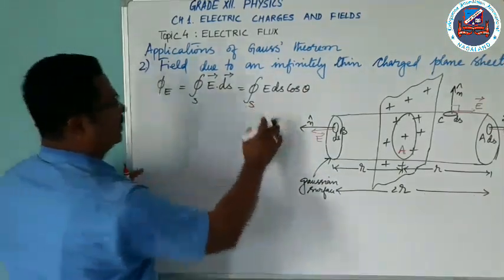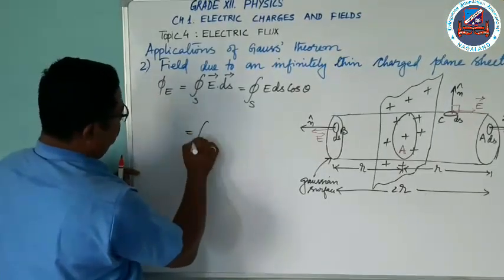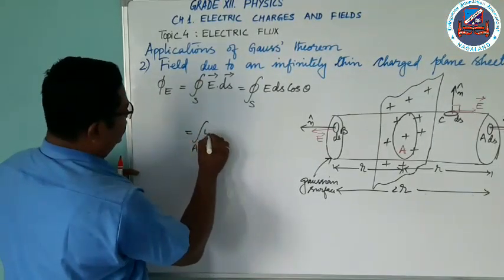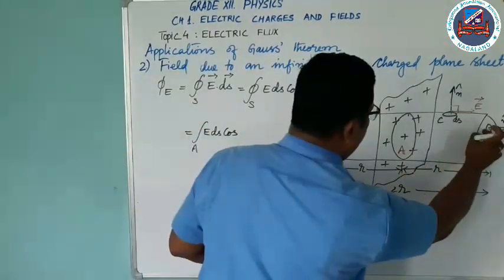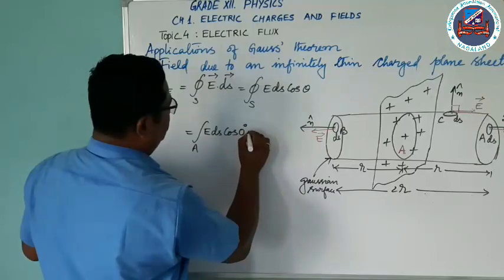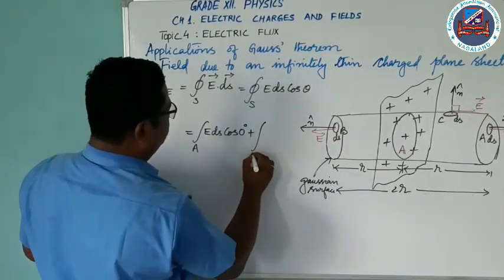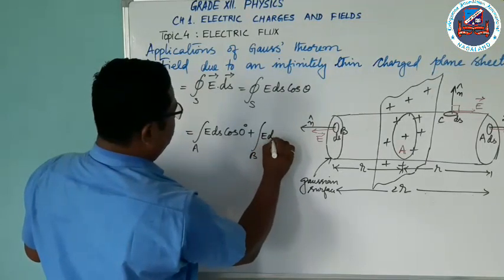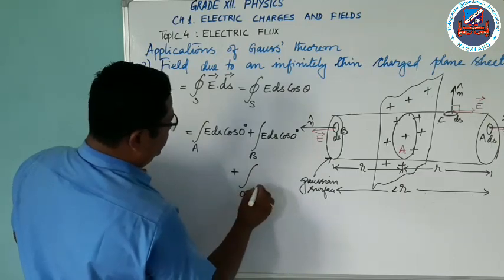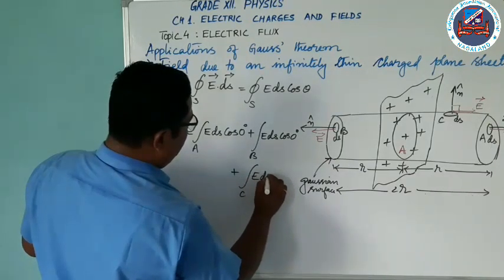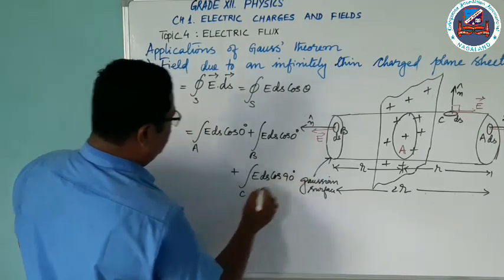So this one also we will divide into three different surfaces, A, B and C. First for A, I am writing E dS cos 0 degrees, plus at point B also it is 0 degrees, E dS cos 0 degrees, but at point C the angle between E and dS is 90 degrees.